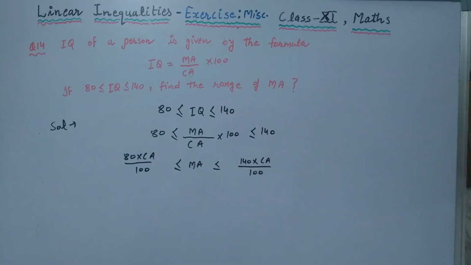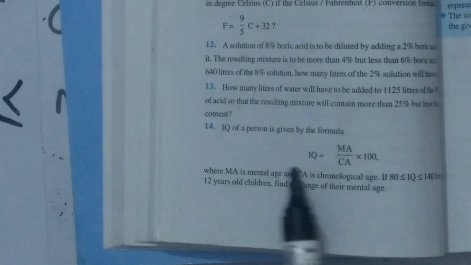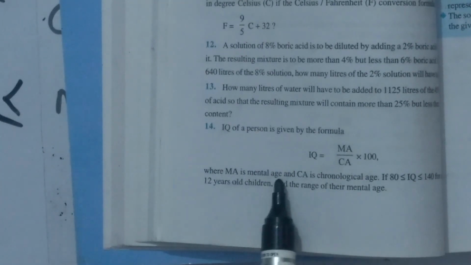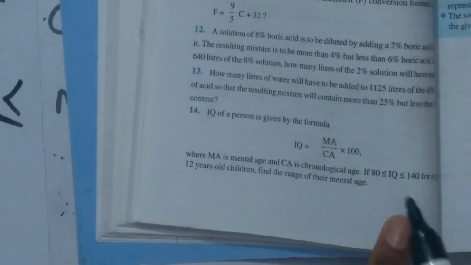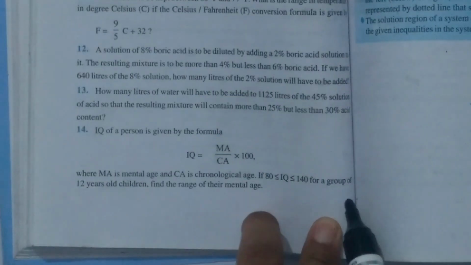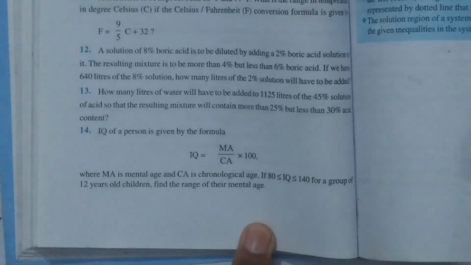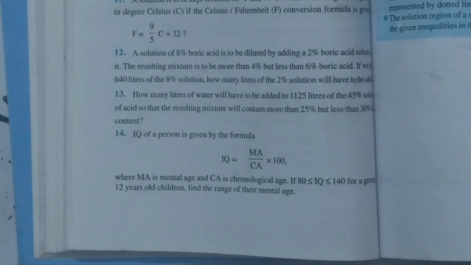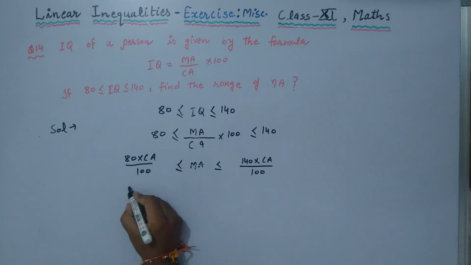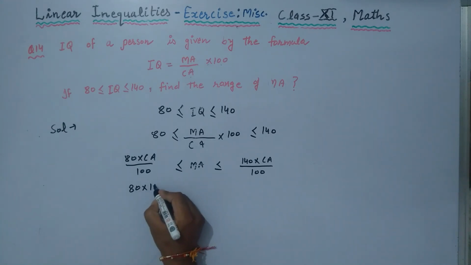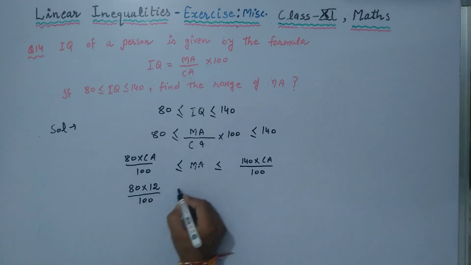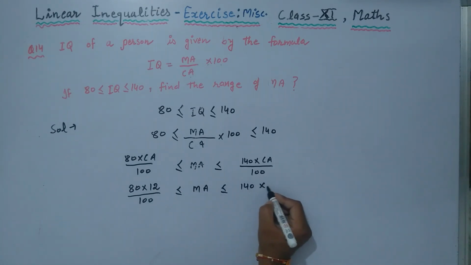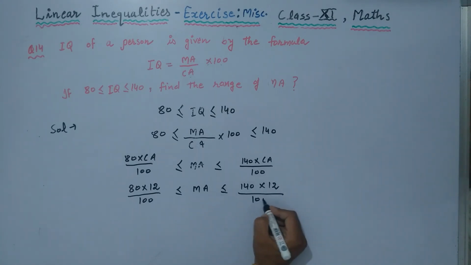So in the question, if the IQ of a person is given by the formula where MA is the mental age and CA is the chronological age, this is the limit given for a group of 12 years old children. So here chronological age is given: 12 years. So substituting here, 80 into 12 divided by 100, mental age, 140 into 12 years upon 100.